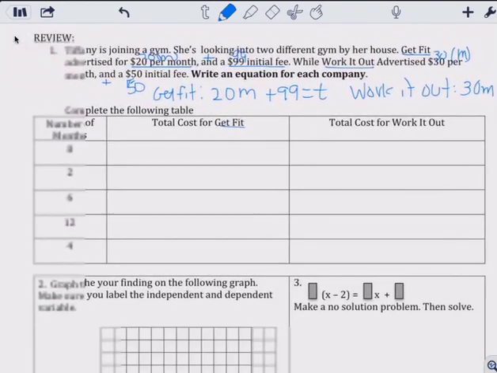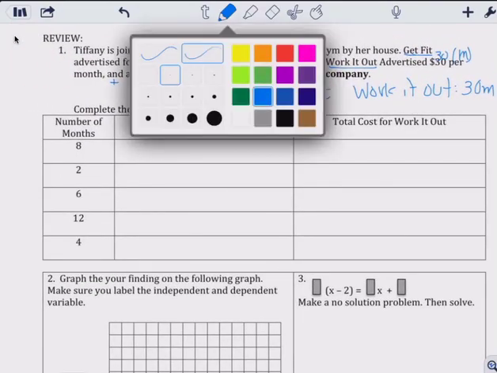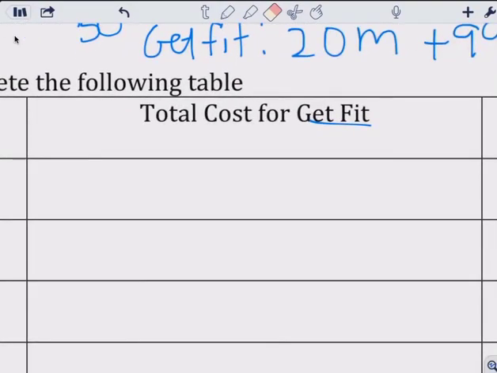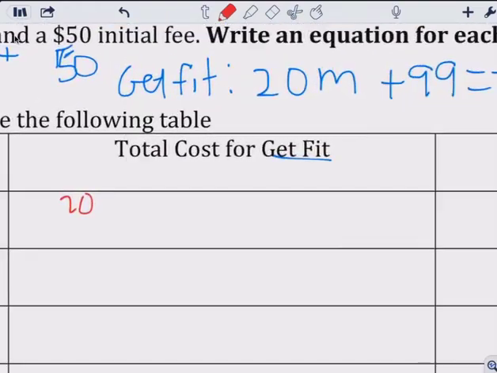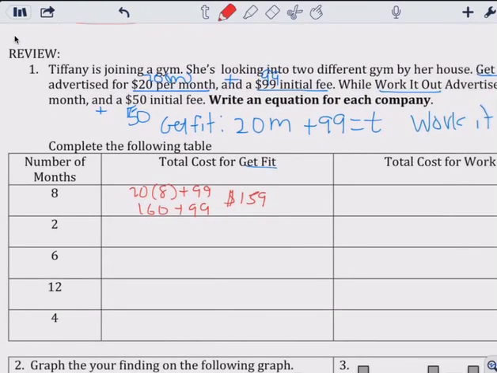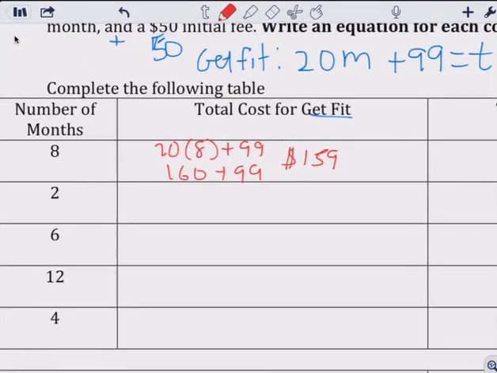Okay? And then this one should be easy. You input here 20 times 8 plus 99. Okay, do the work. 20 times 8 plus 99. 160 plus 99 is 259.